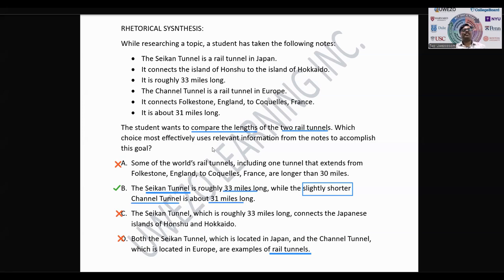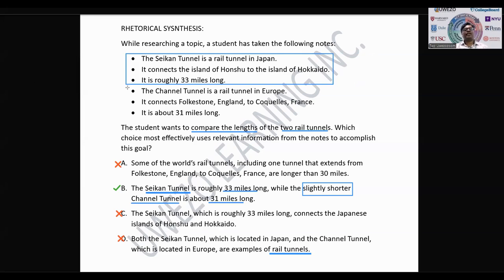The Seikan tunnel is a rail tunnel in Japan. Fine. It connects the island of Honshu to the island of Hokkaido. Fine. It is roughly 33 miles. Okay, so the first 3 points talk about the Seikan tunnel, the two islands it connects, and its length. And the next 3 points, the Channel tunnel is a rail tunnel in Europe. That is a similarity.